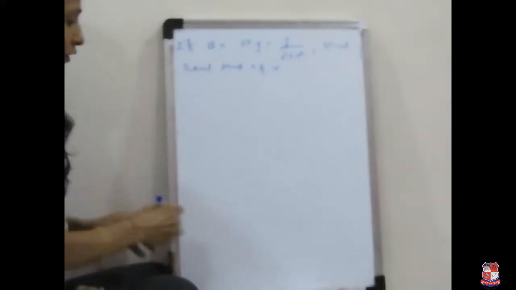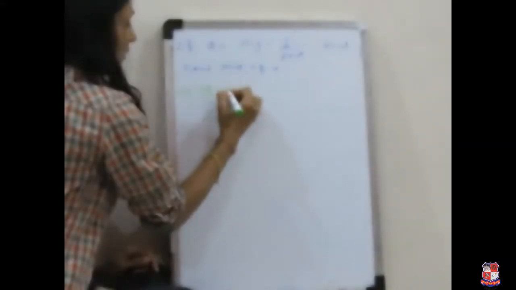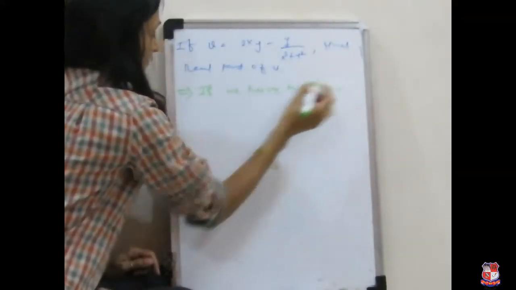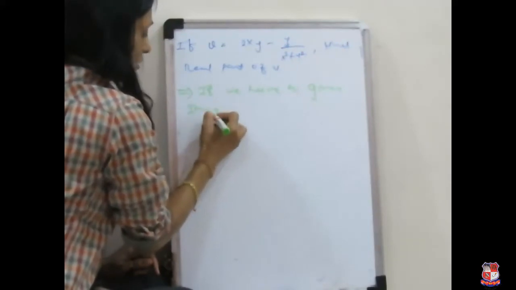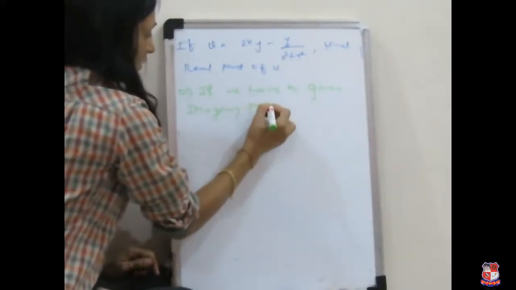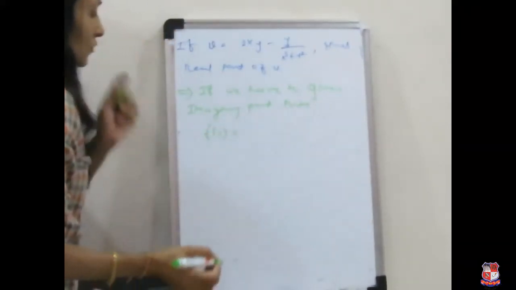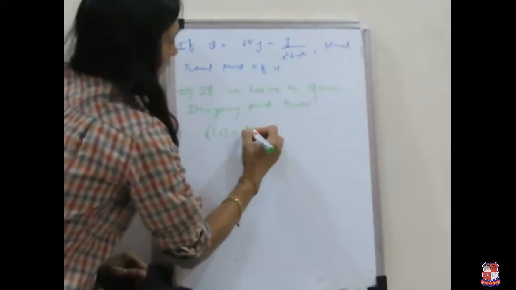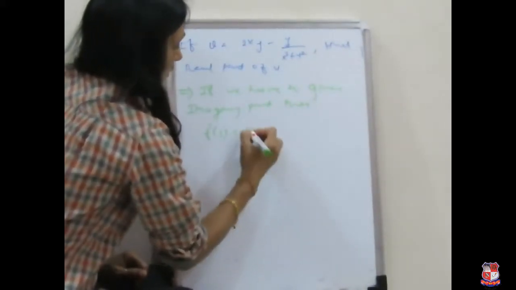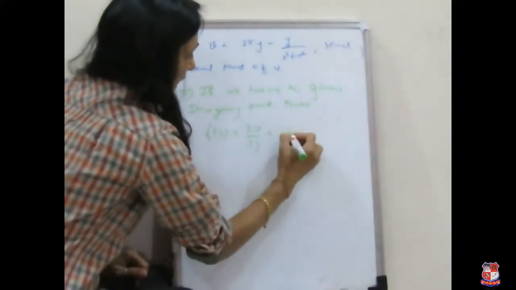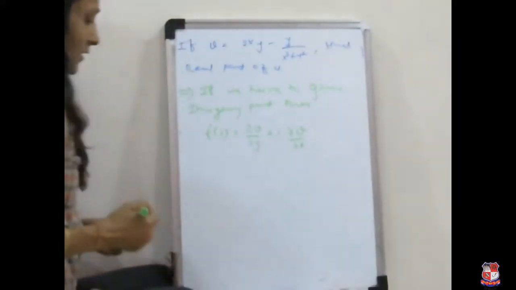Okay, so we know that if we are given an imaginary part, what is our formula? If we are given the imaginary part, then what is our f dash z? f dash z is equal to del v by del y plus i del v by del x.